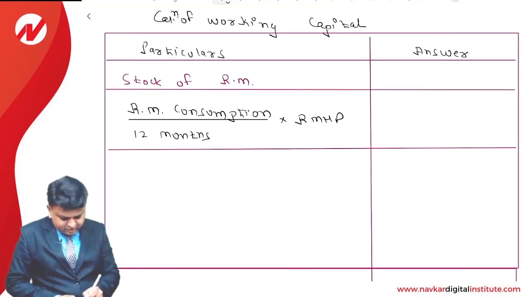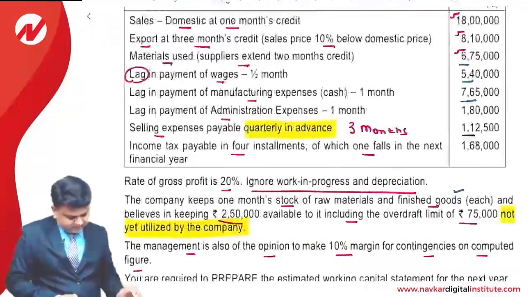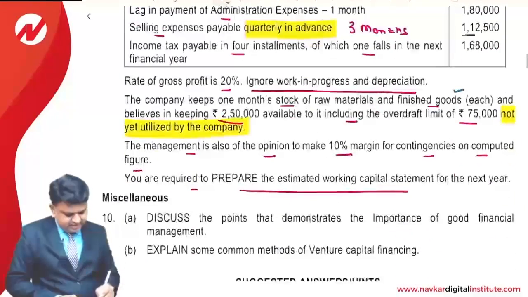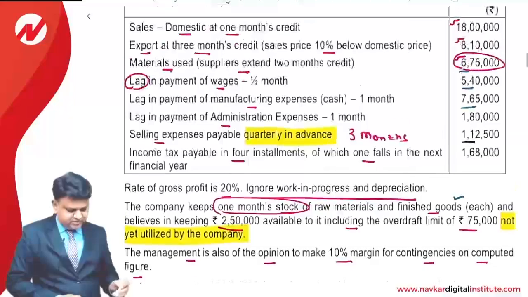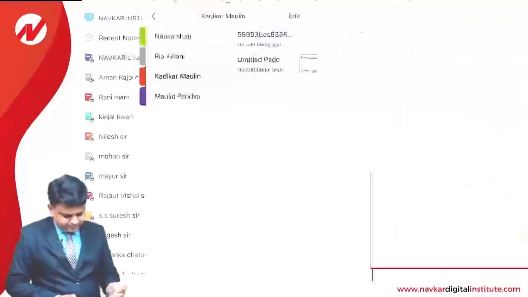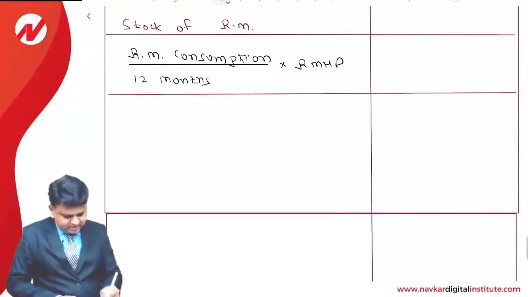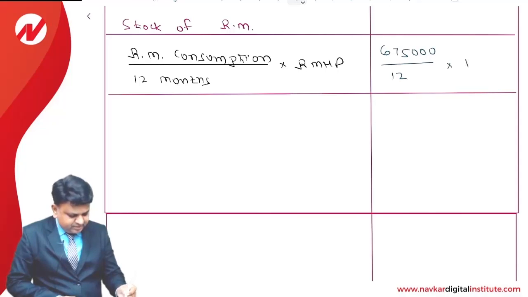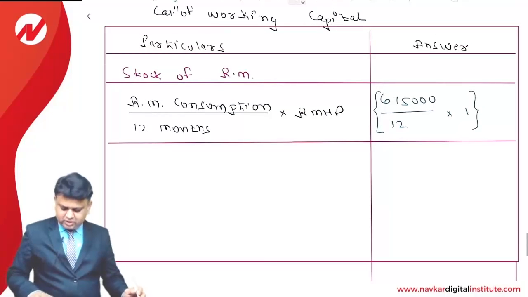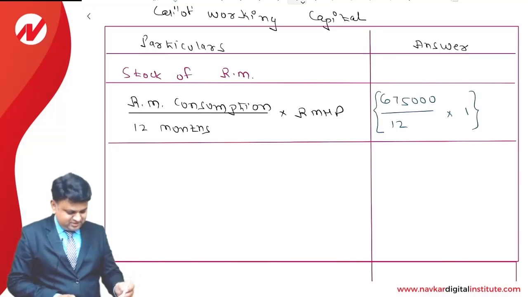The consumption of the raw material is provided to us as an amount of 6,75,000 and the raw material holding period is given as 1 month. So over here it is 6,75,000 divided by 12 into the raw material holding period of 1 month. So the stock of the raw material is 56,250.